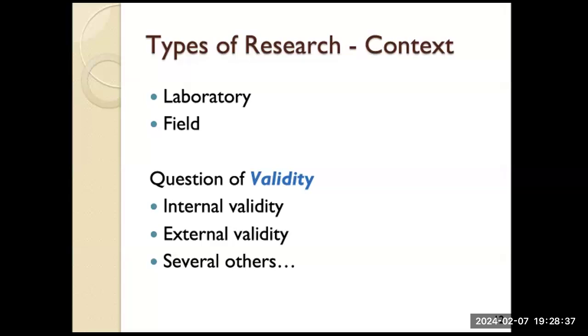You do a laboratory study if control is very important, where you want to make sure that everybody is in the same kind of environment and circumstances. You would bring them into a lab. So there are non-experimental studies, such as observations, that would happen in a lab. And there are experimental studies that you might want to do in the field. It depends on how you want to conduct your research.